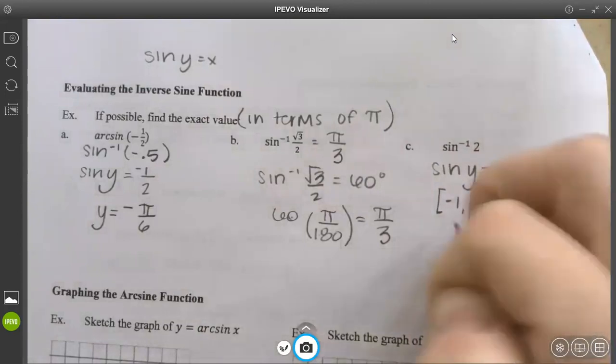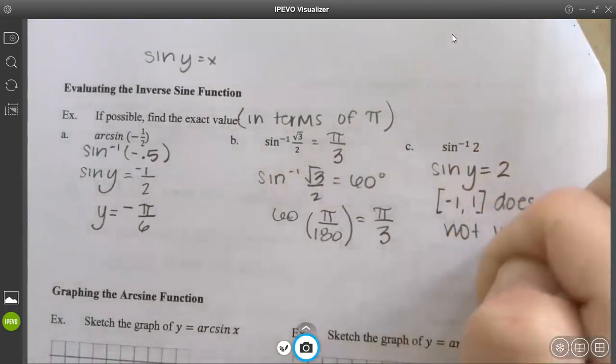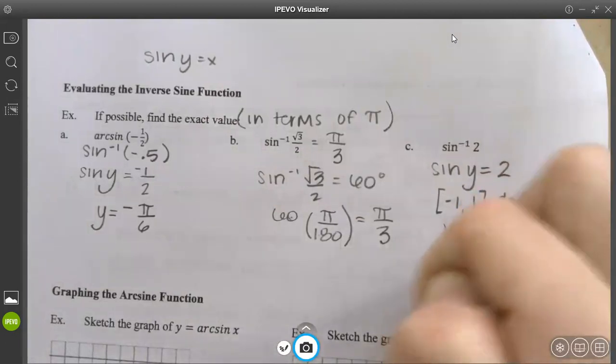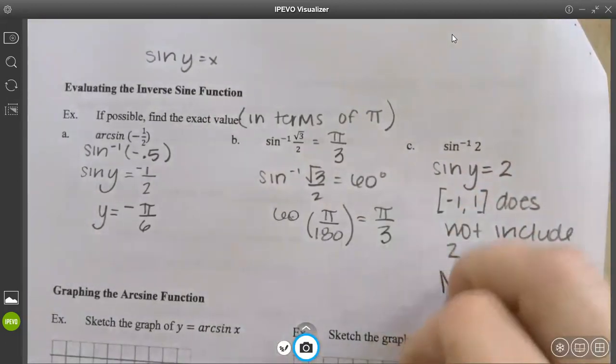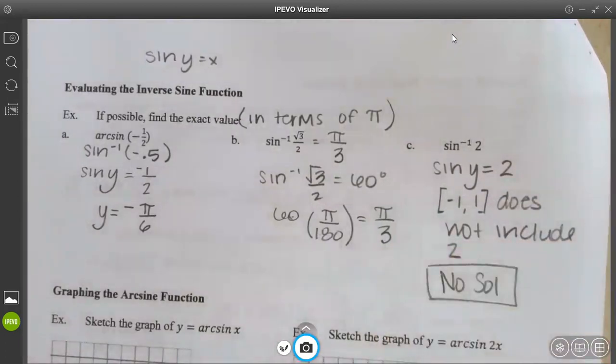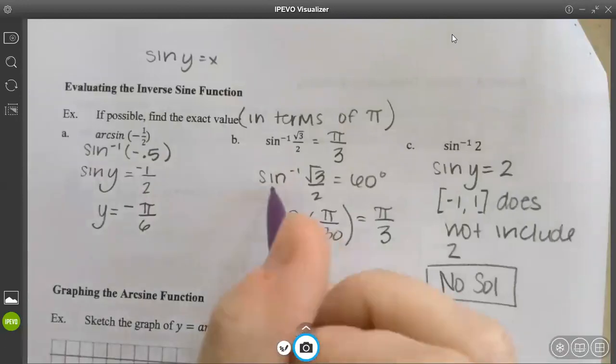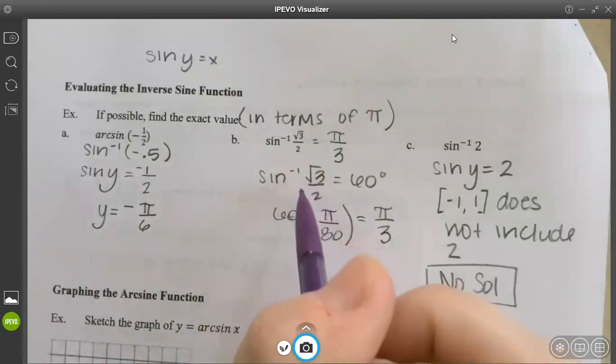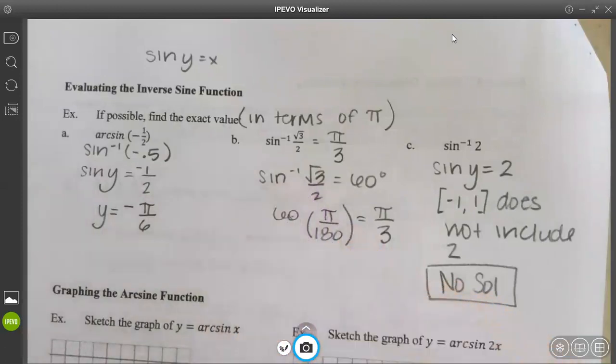That doesn't include 2. So this one is no solution. So be careful about that. Everything that we have has to go between 1 and negative 1. That's what you're doing. Where is that coordinate? I thought the negative 1 would change it.